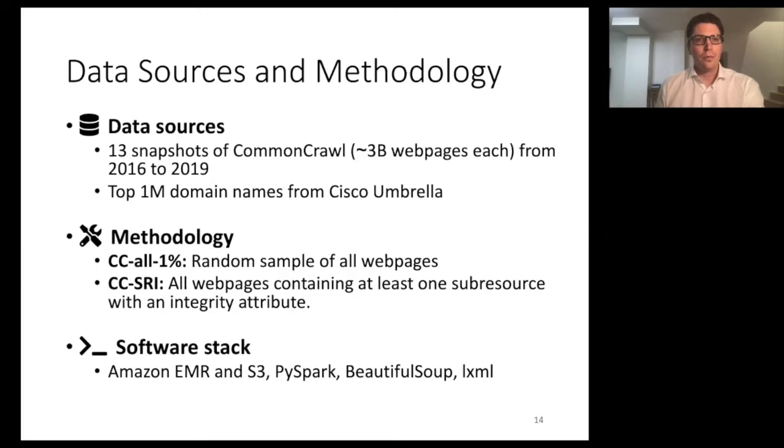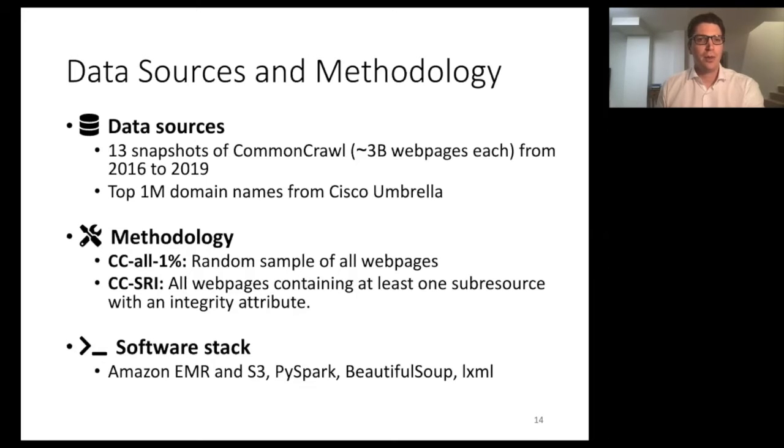So to conduct our survey, our study, we used two data sources. The first one is Common Crawl, which is a very large data set. Usually you have about 3 billion web pages in a snapshot, and we used 7 snapshots in the paper, and now we included others. We have 13 snapshots in the result depicted in these slides.